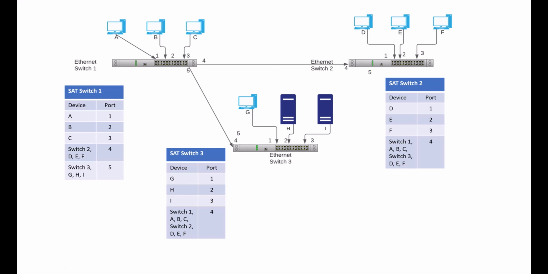And then on switch 2, we have devices D, E, and F that are also connected to switch 1. Switch 2 is connected to switch 1 on port 4. So you'll notice that switch 2 on port 4 has computers D, E, and F. On port 5, it has switch 3 along with G, H, and I. And we build up something very similar for a static address table on switch 3 and on switch 2.